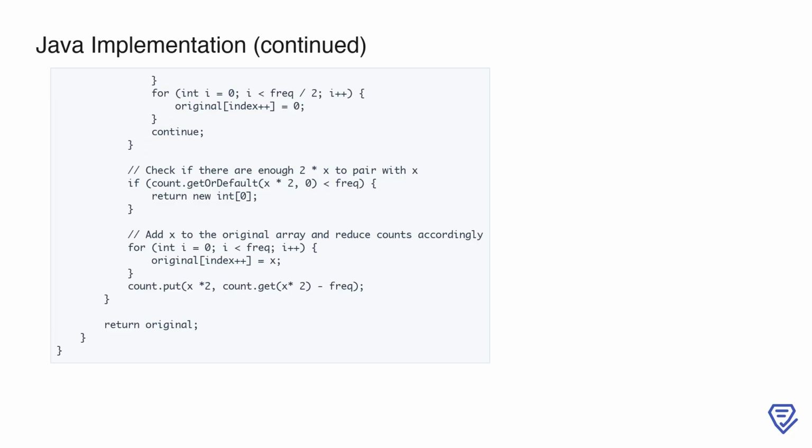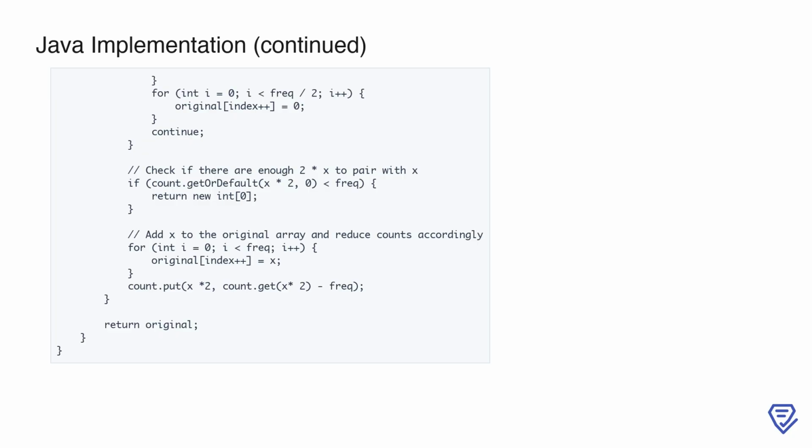After handling zeros, we move on to other numbers. For a number x, we check if there are enough 2*x values in the map to pair with all occurrences of x. If there aren't, the array is invalid, so we return an empty array. If the condition is satisfied, we add x to the original array frequency times, where frequency is the count of x.